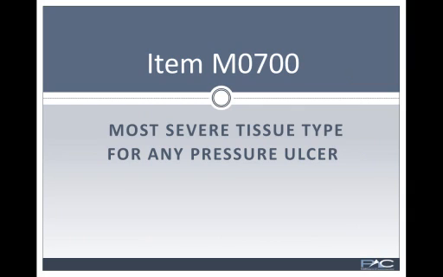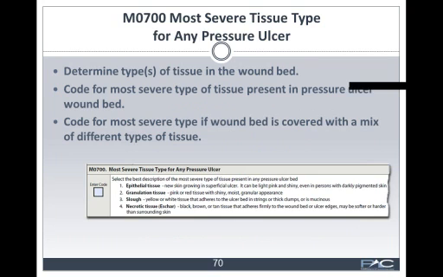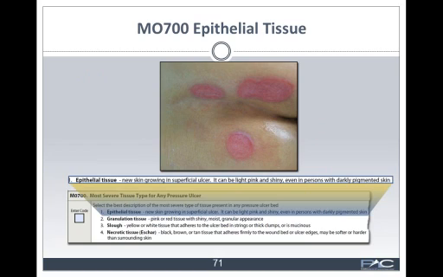Okay, so M700 looks at the most severe tissue type of any pressure ulcer. And this is where we're now tracking on the MDS again, the types. So you've got epithelial tissue is the first one, and that will be presence of new skin growing in a superficial ulcer. It can be light pink and shiny.